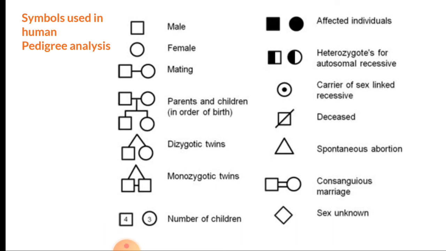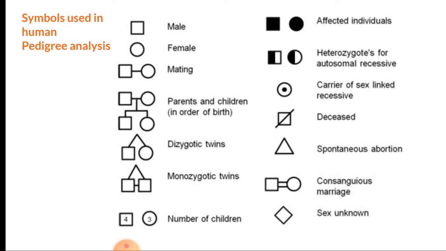Then the half colored part shows the heterozygote for this autosomal recessive trait, and a dot in the center shows the carrier of sex linked recessive for the female, and a diagonal line on the square shows a deceased child, and this triangle shows spontaneous abortion.